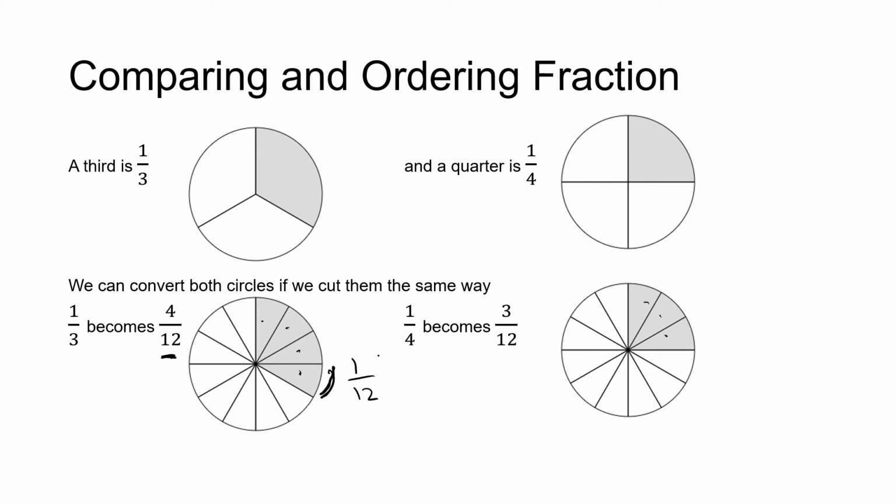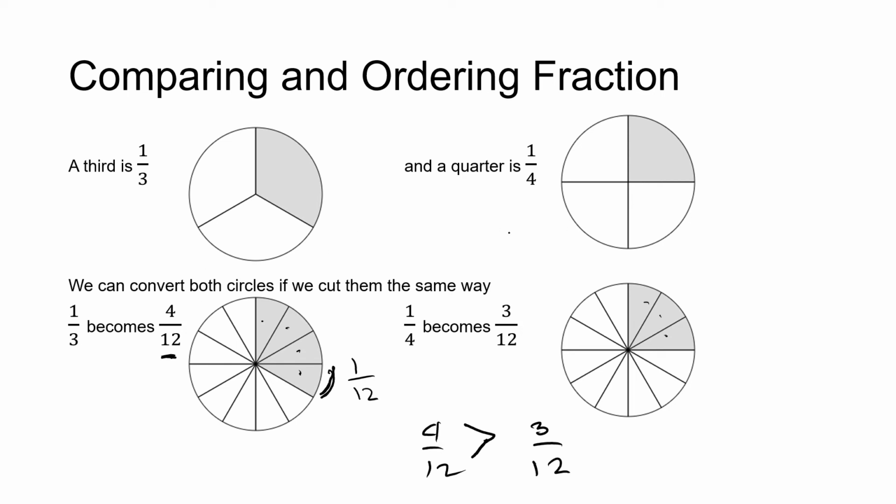Okay, I'm going a bit off topic. We're doing subtraction already, but as you can see, it's way easier. Now look at this. We have 4/12 and 3/12. When the denominators are the same, the only thing we need to compare is the numerator. It's way easier because 4/12 is bigger than 3/12.